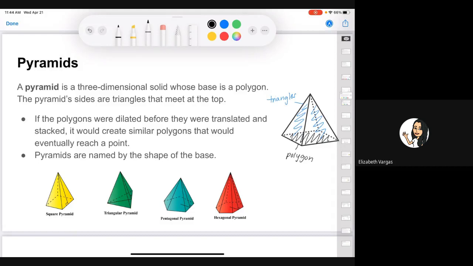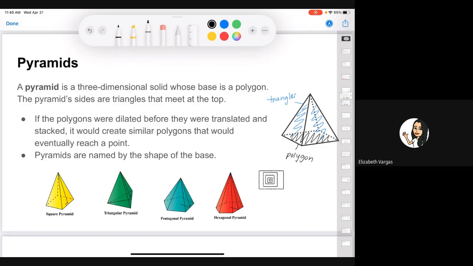Okay, if the polygon were dilated before they were translated and stacked, it would create similar polygons that would eventually reach a point. So basically what this is saying, if you think about a square, okay, say we have a square. If you continue to stack that polygon on top of each other continuously, and you're changing the sides, so it's a dilation, it's shrinking, right?